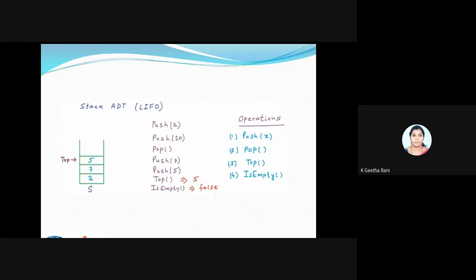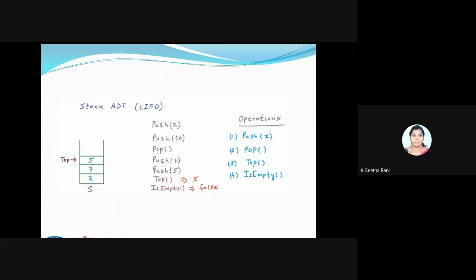Be clear on one thing: while pushing the data, I have to give my data in brackets. I have to specify the data values I'm going to push. When I pop, there's no need to give the data, just give pop of. Top is mainly used to give you the topmost value. It returns the topmost value.